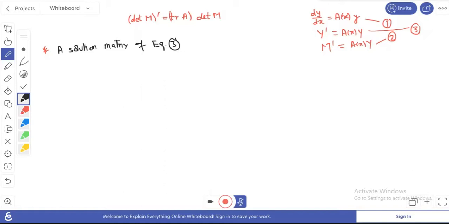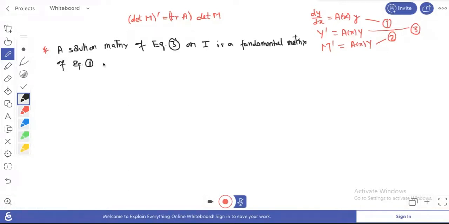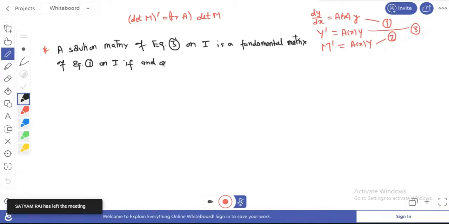So the solution matrix of equation 3 on the given interval I is a fundamental matrix of equation first on the given interval if and only if the determinant of that fundamental matrix is non-singular, or this is non-zero.